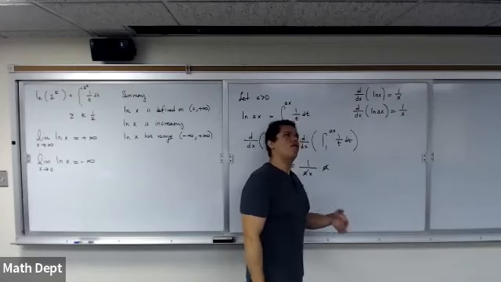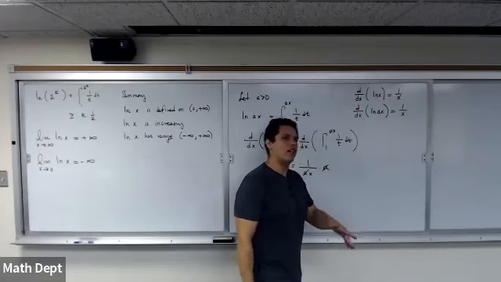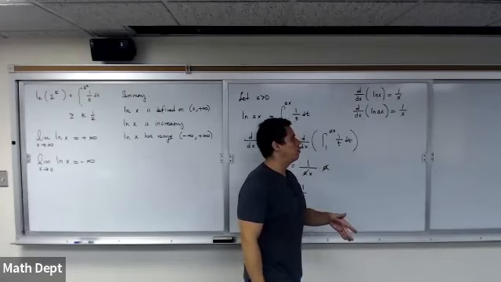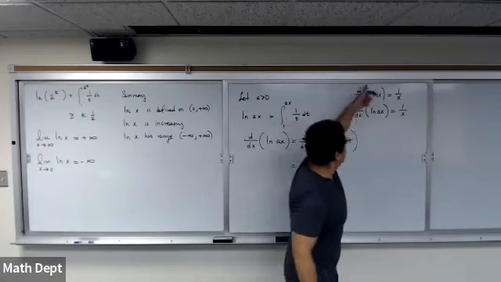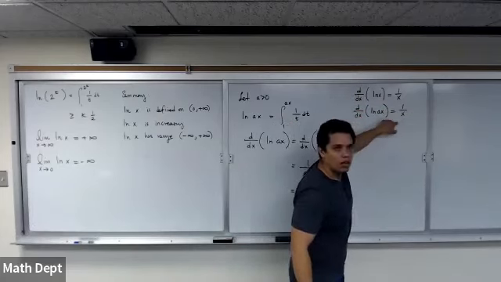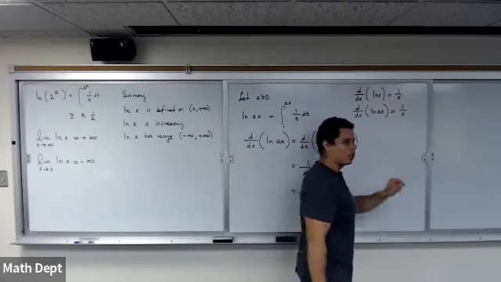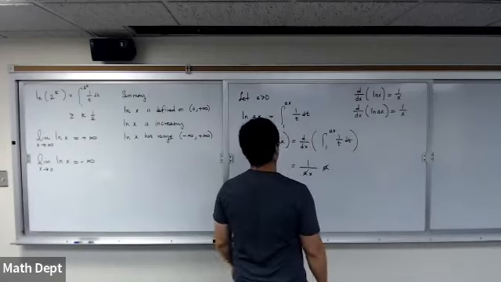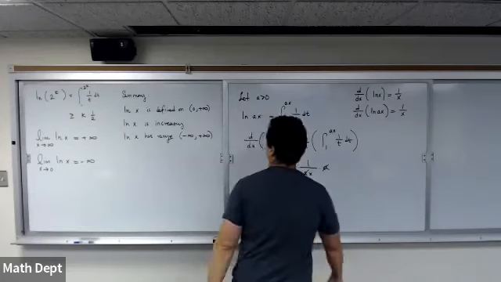And what do we know about functions whose derivatives are identical? Well, what we're saying here is that these two are antiderivatives of the same thing. They differ by a constant.